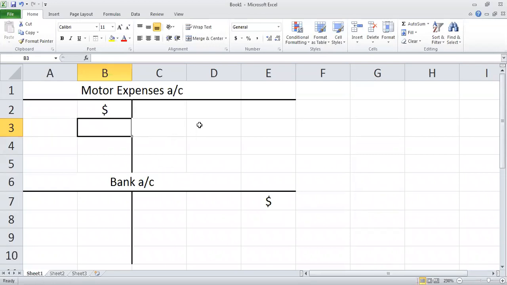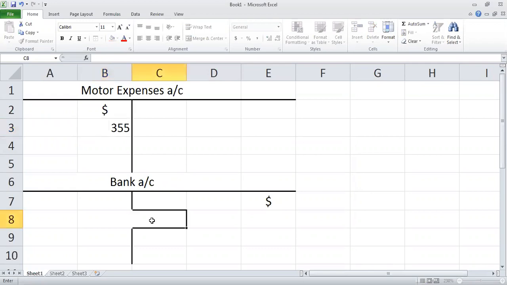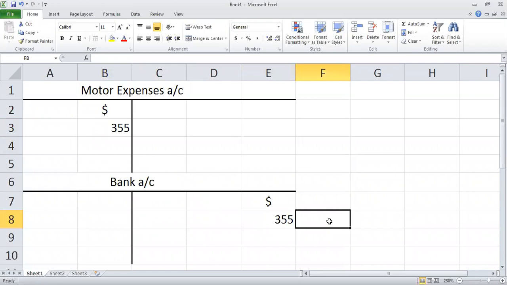To decrease, you make a credit entry. It's $355, and you're paying by check. So therefore the bank account will be decreasing, so you credit bank with $355 as well. That's where you made the entries in the double entry.